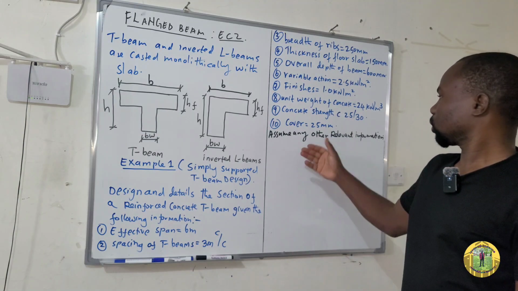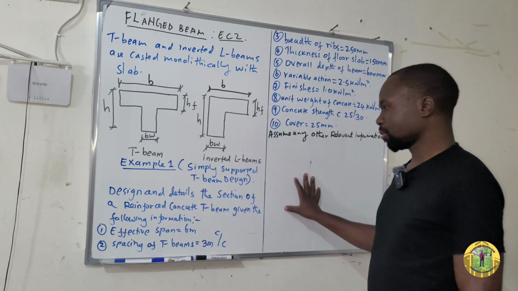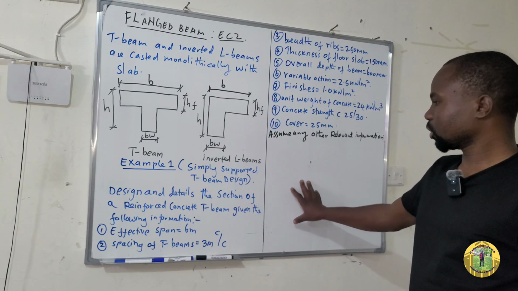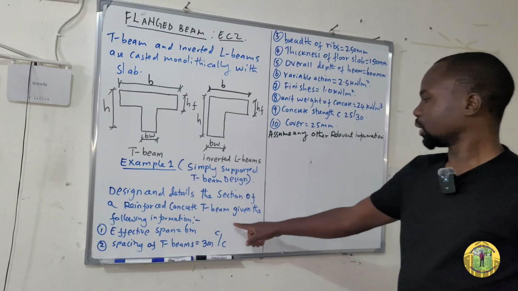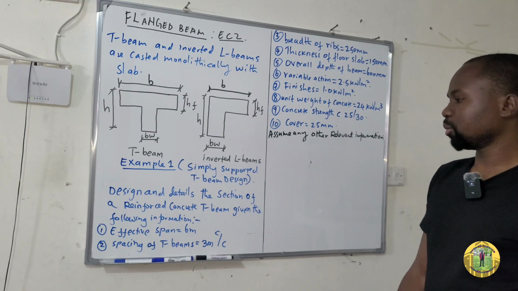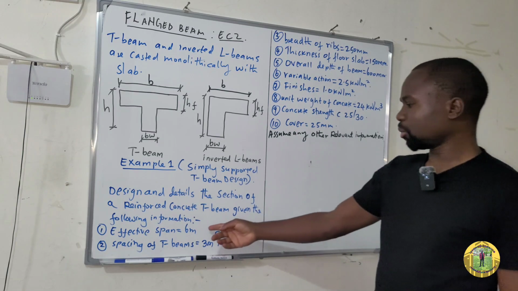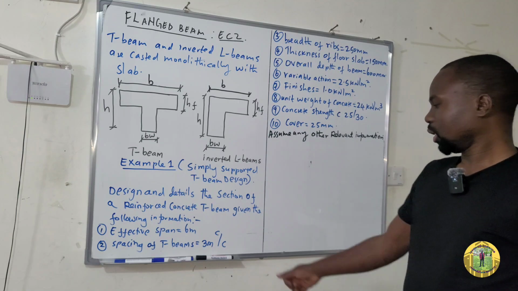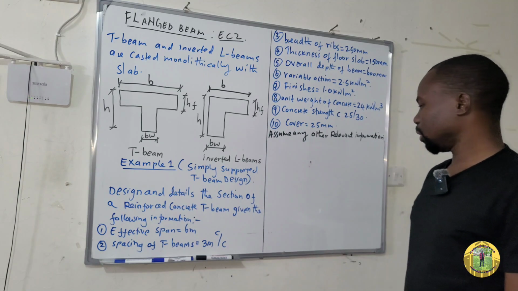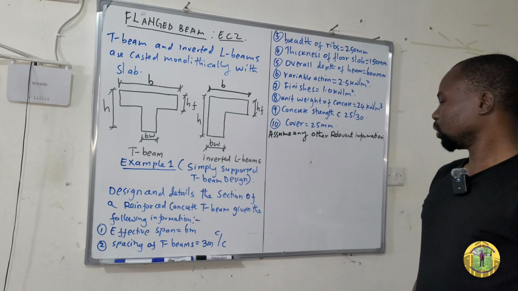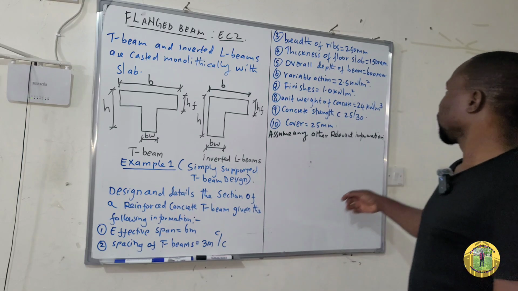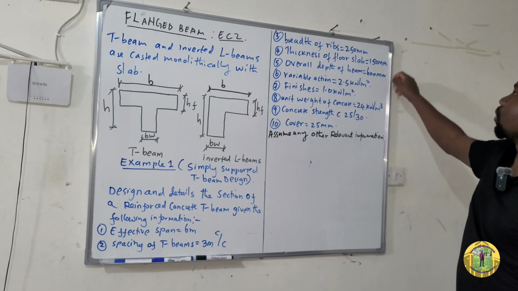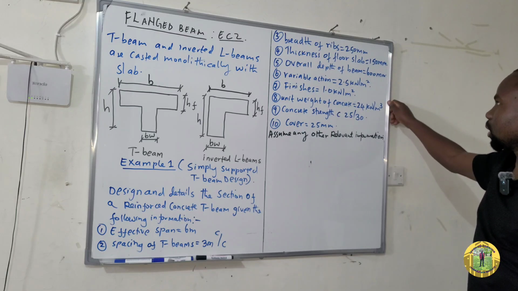So I have the question here on the board, and the question reads: design and detail the section of a reinforced concrete T-beam given the following information. Number one, effective span is equal to 6 meters, and then spacing of T-beams is equal to 3 meters center to center. Number four, breadth of rib is equal to 250 millimeters.